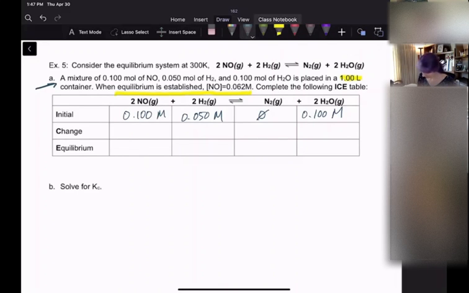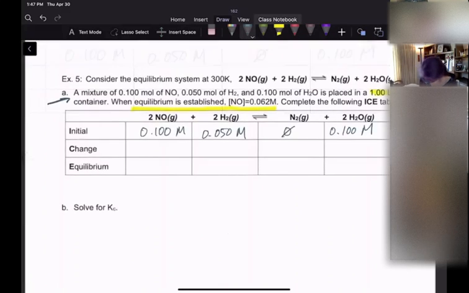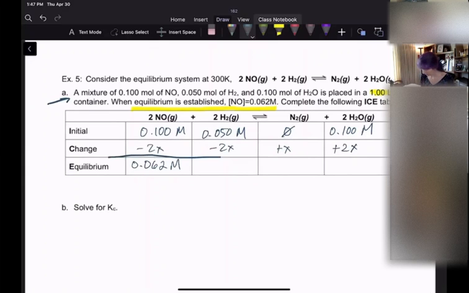All right, so the NO at equilibrium, now we'll use the coefficients to write that change. Minus 2x, plus x, plus 2x. And then those are going to give us our equilibrium values.